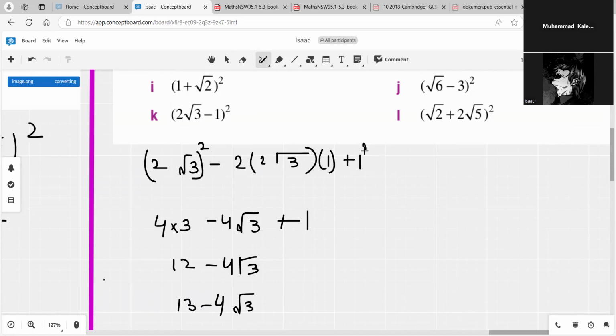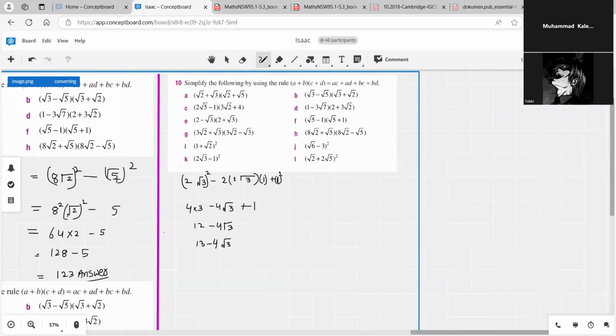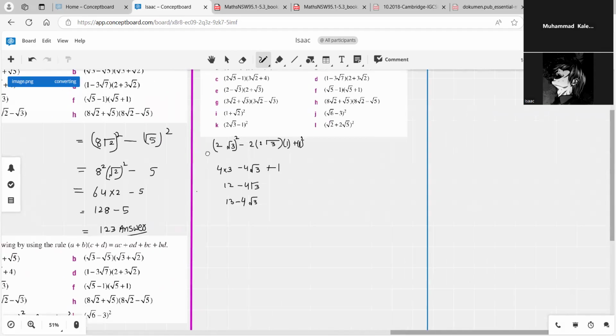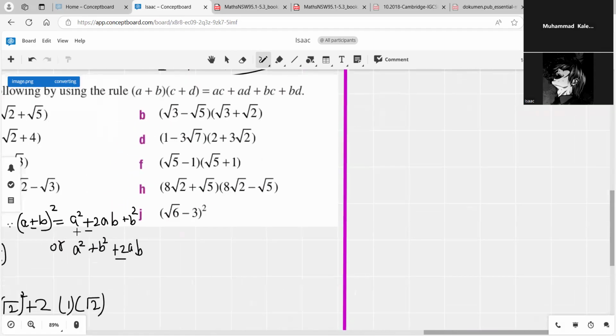Oh, okay. Understood. A minus B squared means the square of the first term, minus 2 times the first term multiplied by the second term, plus the square of the second term. So this is the identity. You can check the identity from here: A squared plus 2ab plus B squared. It's your choice if you want to implement this one.